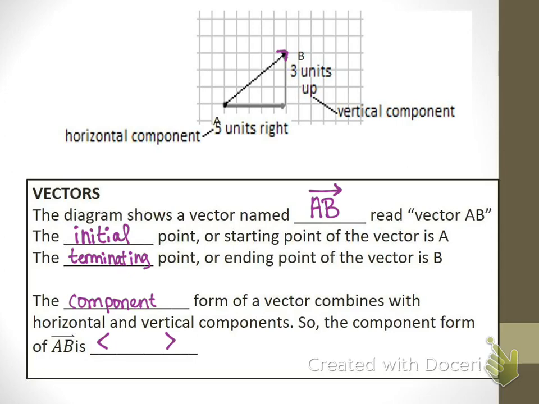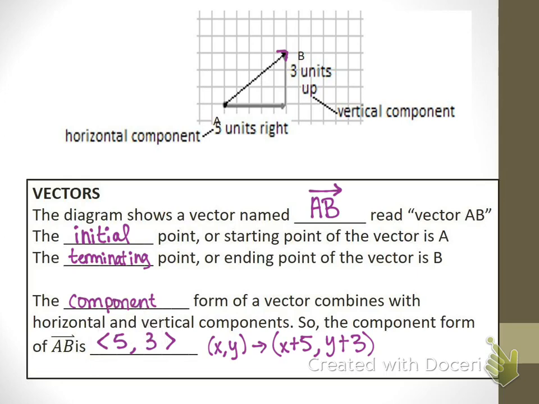Instead of just using parentheses around a coordinate, we use these little arrows. And if we're moving 5 units right, would that be a positive 5 or a negative 5? Positive 5. And if we're moving 3 units up, that would be positive 3. So this is the same as having the coordinate notation x plus 5 comma y plus 3. They just shorten it up.